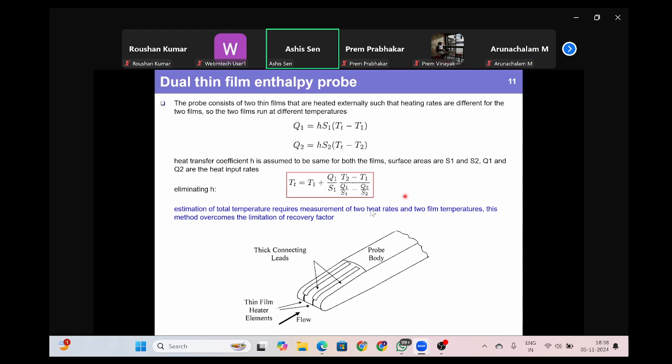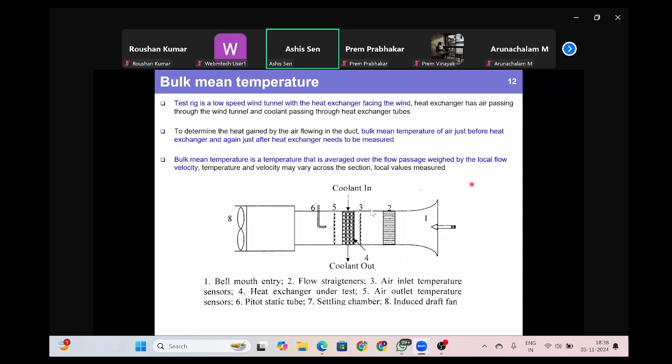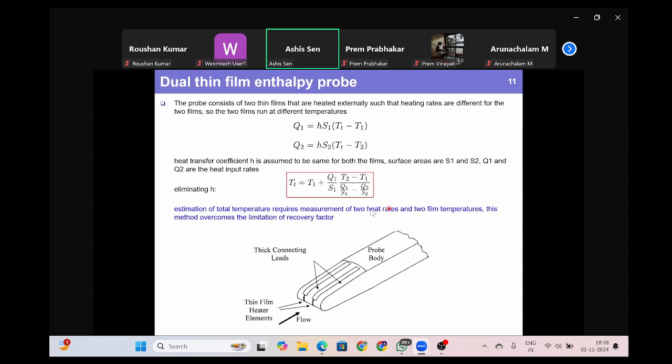So you can see that if you have this kind of arrangement and you know how much heat you are supplying to the first thin film meter, how much heat you are supplying to the second, the temperature of each thin film meter, and the surface area of each, you should be able to measure the stagnation temperature. Okay. So this is how stagnation temperature is measured.